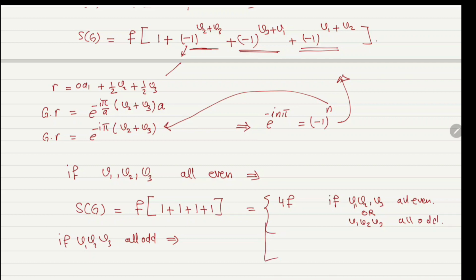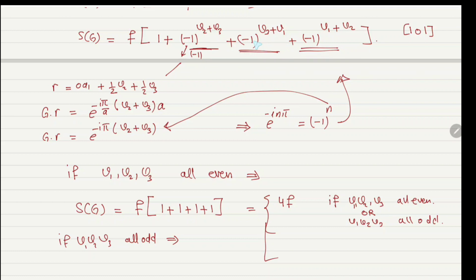Now let's see what will happen if we have mixed numbers like V1 and V2 even and odd. Let's just pick up numbers 1, 0, 1. So in this case here, V1 is equal to 1, V2 is 0, and V3 is 1. Now V2 plus V3, 0 plus 1, in this case this one here is odd. Minus 1 to the power odd number is minus 1.